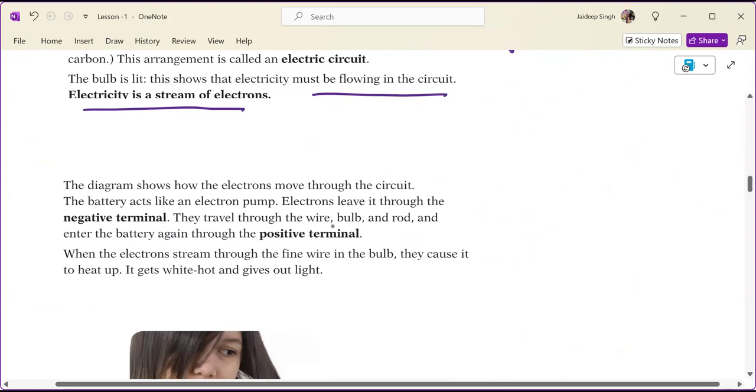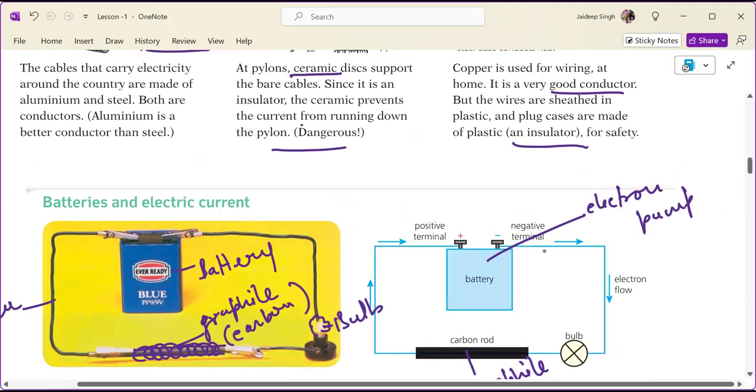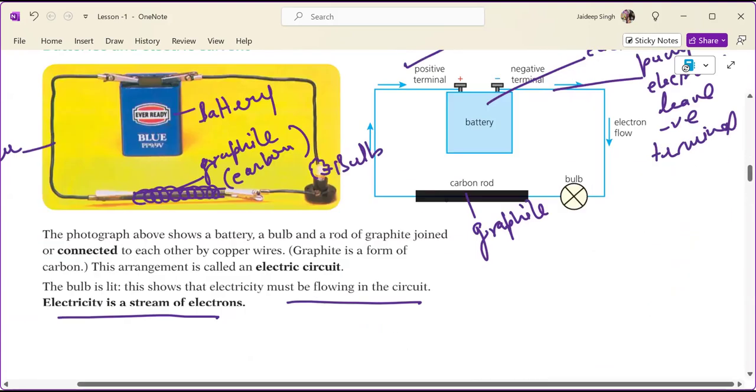They travel through the wire, bulb, and rod and enter the battery again through the positive terminal. Remember, electrons leave through the negative terminal and come back to the battery through the positive terminal.